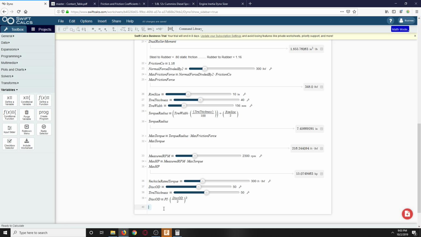That's weird stuff. For some reason it doesn't like pi, and there's a lot of glitches there. Then flywheel weight equals disk. Oh, this is disk area, not OD.